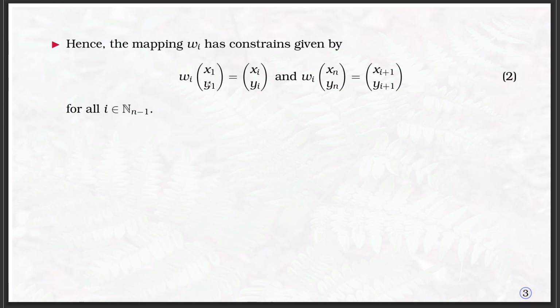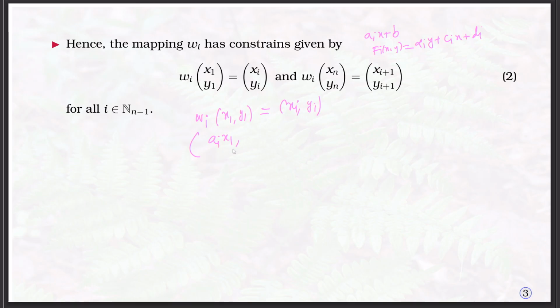If you are taking wi of x1 and y1, we must get xi and yi. Whereas this is in the form of ai x plus bi, if you are taking x as x1, then one can get ai x1 plus bi. For the y, one has to get, in the form of fi, alpha i y plus ci x plus di.